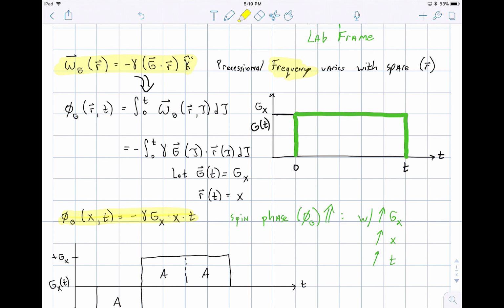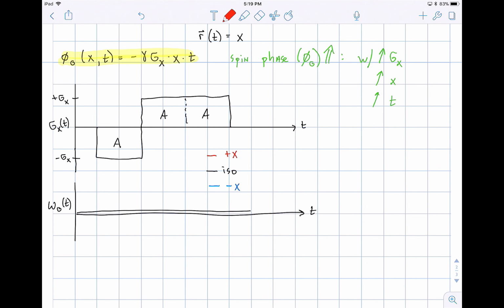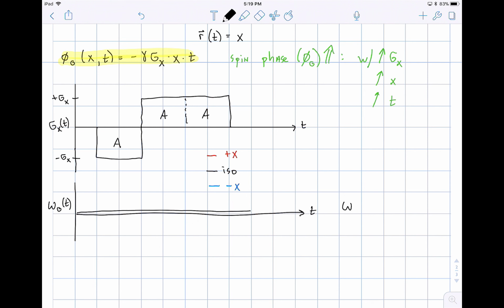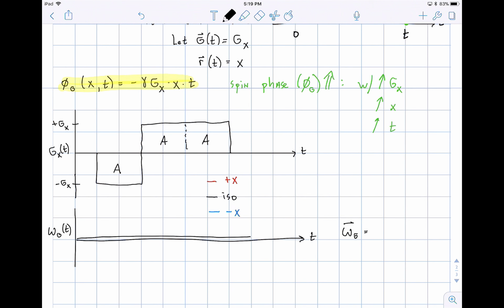What happens to the frequency as a function of position? What we're plotting here is just omega g. It should just be a minus gamma times the gradient strength dot position.